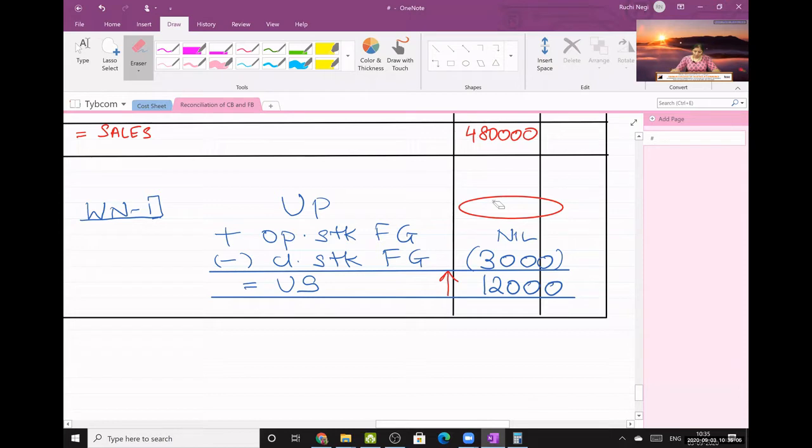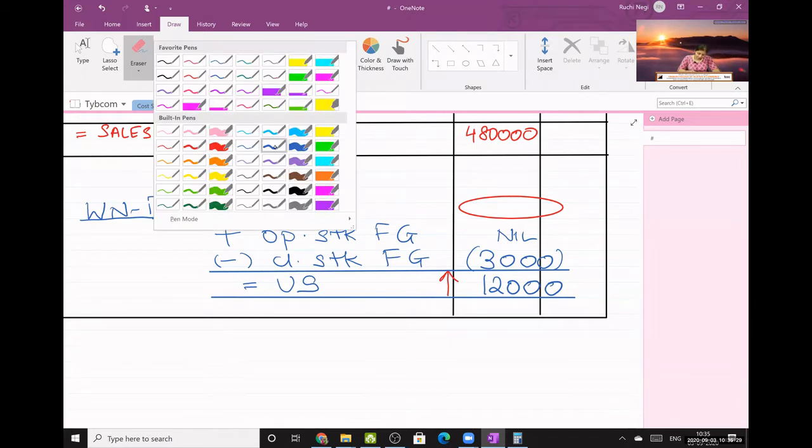Okay, so units sold is given 12,000. Closing stock is given 3,000. I have put an upward arrow. Upward arrow means minus will become plus and plus will become minus. So 12,000 plus 3,000 will be obviously 15,000.